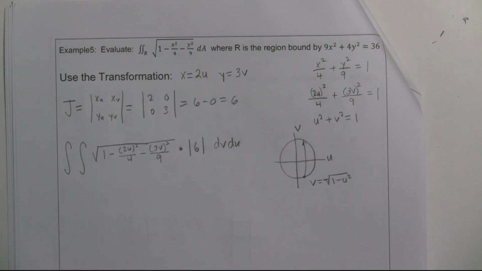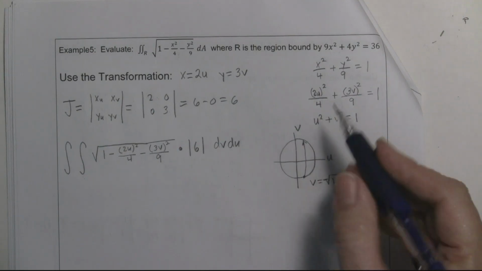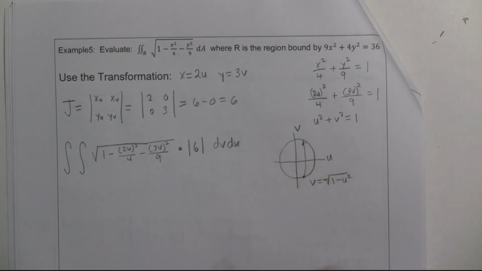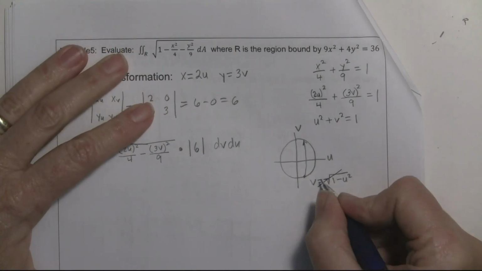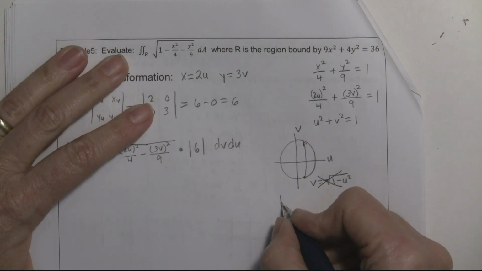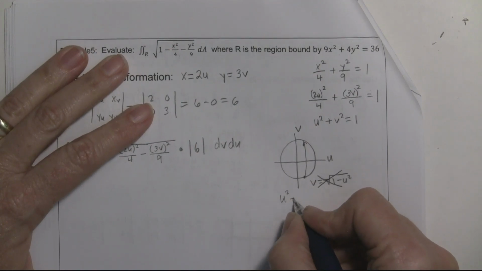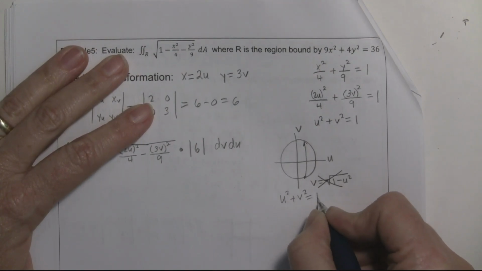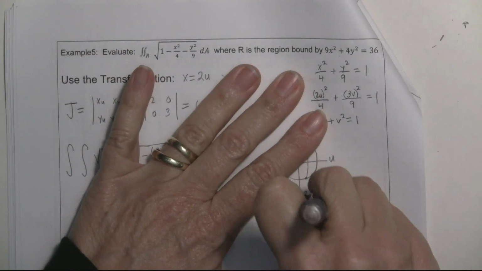And so no, no, no, that's not the plan at all. That's not what I'm going to do. Because it's a circle, I'm going to change this from u and v into my friend polar. What I'm going to say is that I know that u squared plus v squared equals 1. That was a 1, and what did I write?